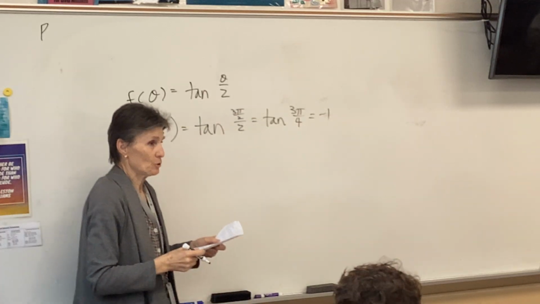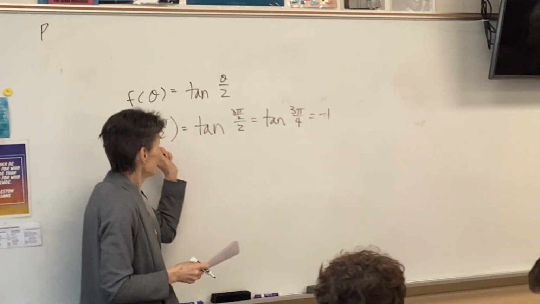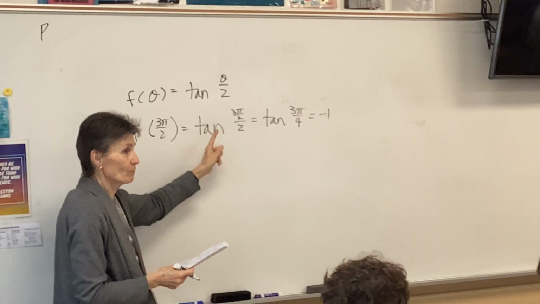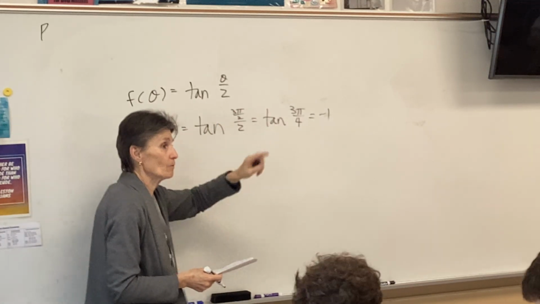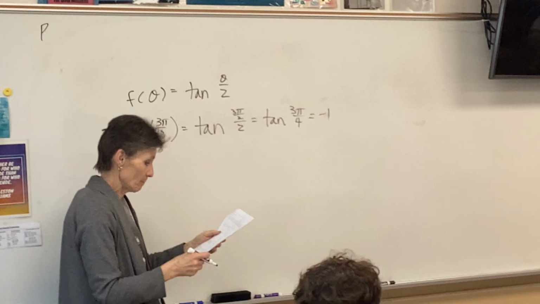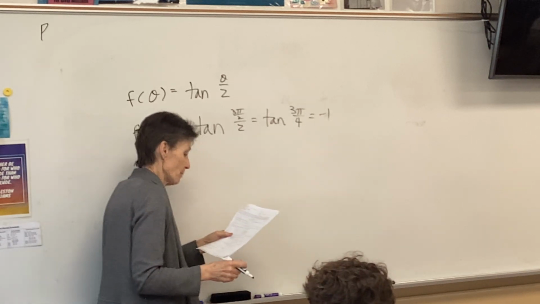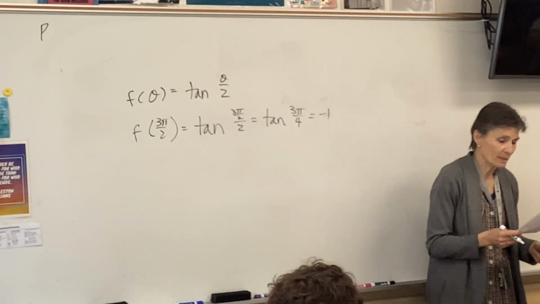Okay, number one, did you get -1 for your answer? For number one? All we're doing is plugging in 3 pi over 4. We're finding the tangent of 3 pi over 4, which is -1. All right, so then that took us to the problem that says the tangent function is always doing what?